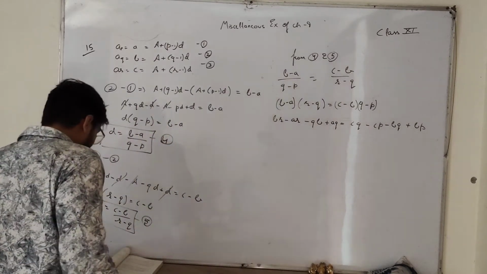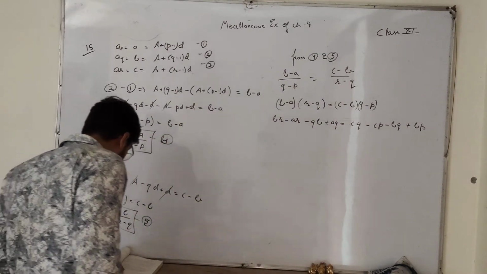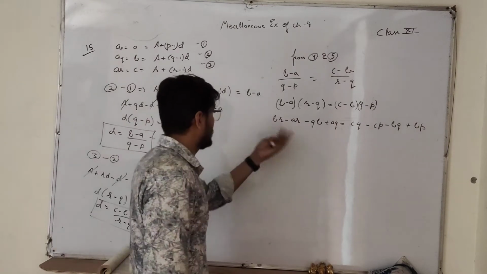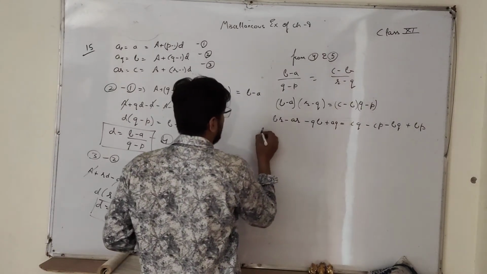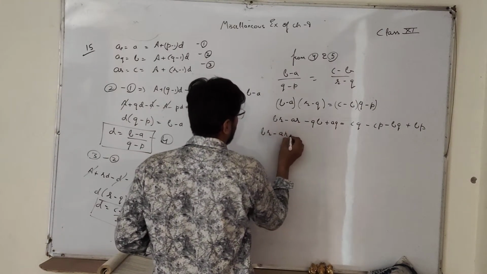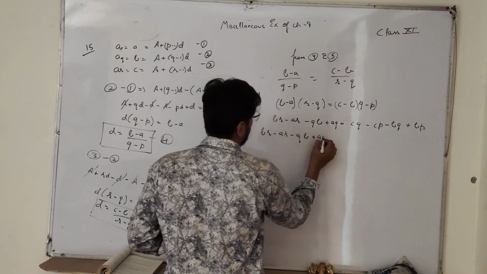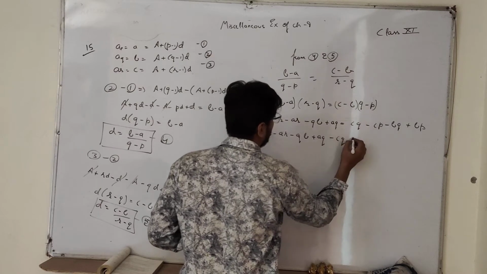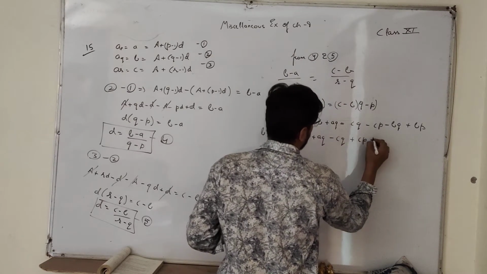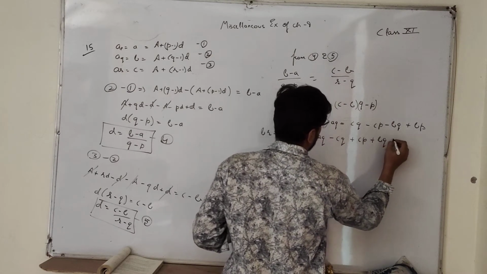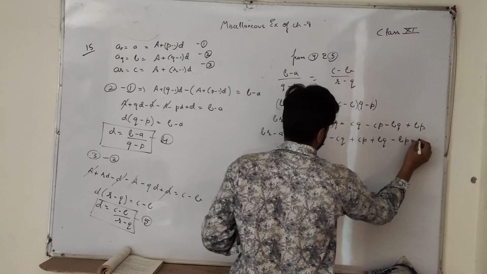So taking everything to the left side, we have BR minus AR minus QB plus AQ minus CQ plus CP plus BQ minus BP is equal to 0.